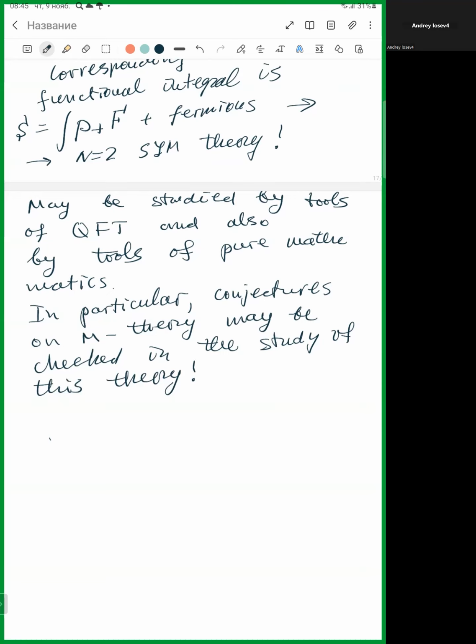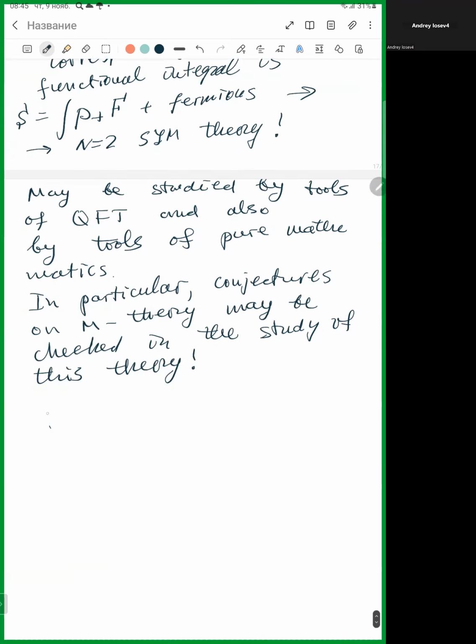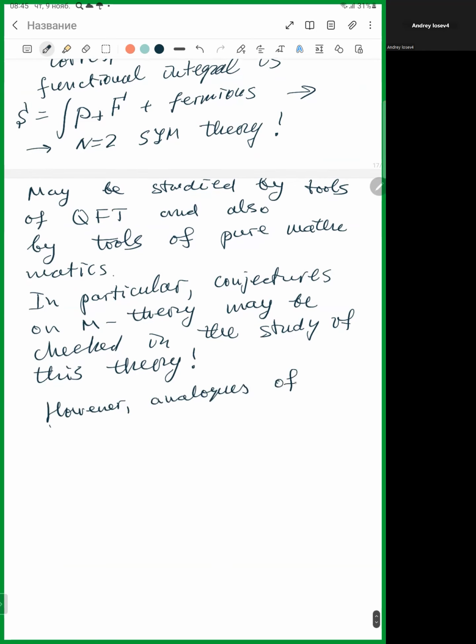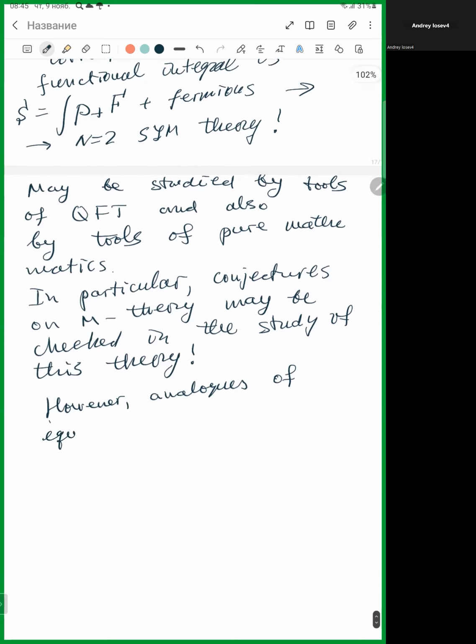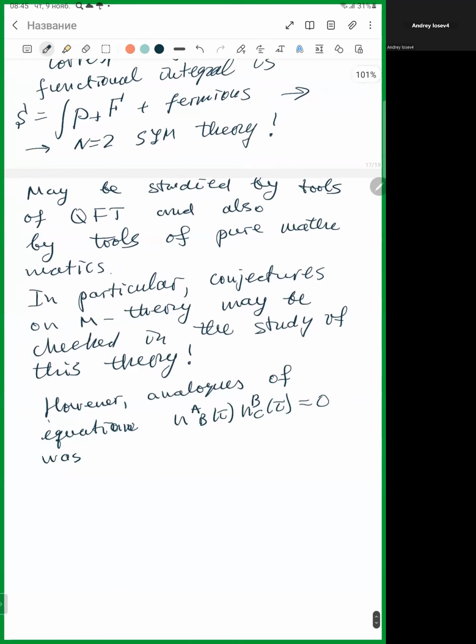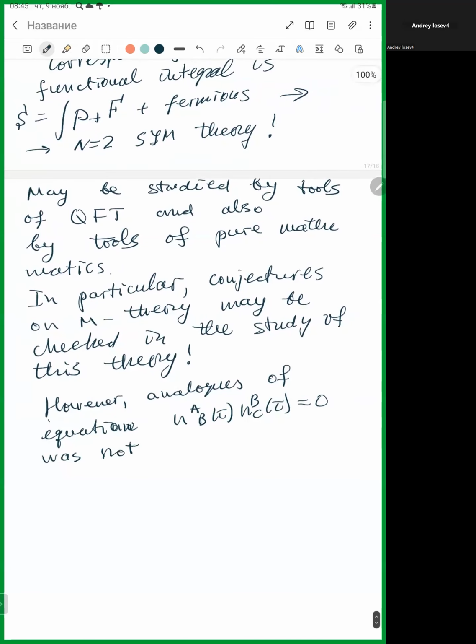However, analogs of equation NAB of tau and BC of tau was not found yet.